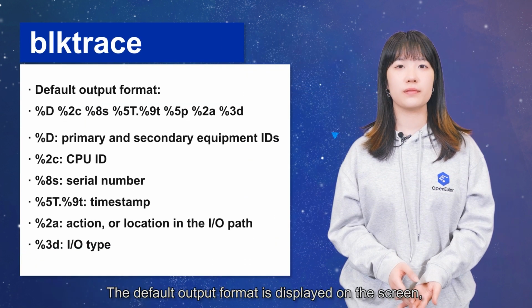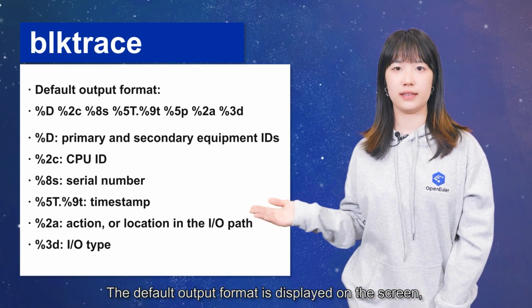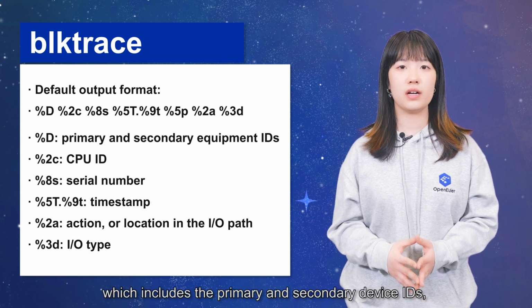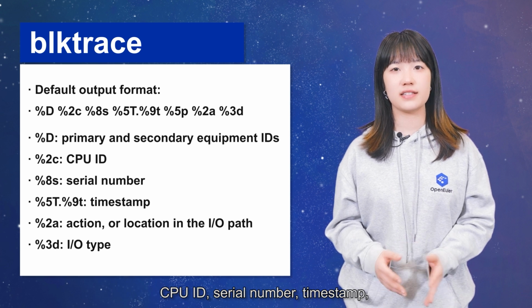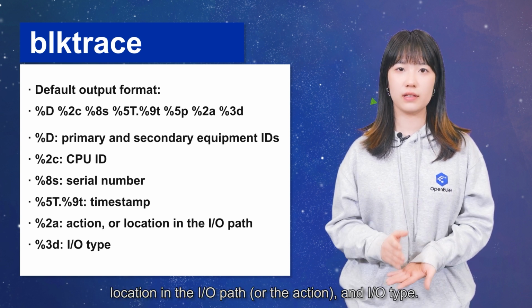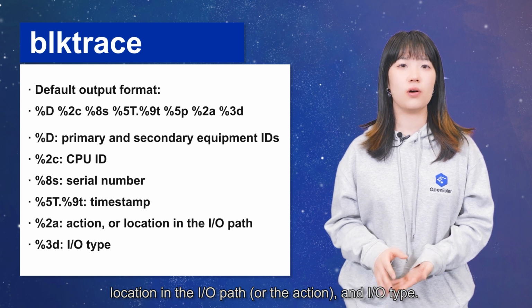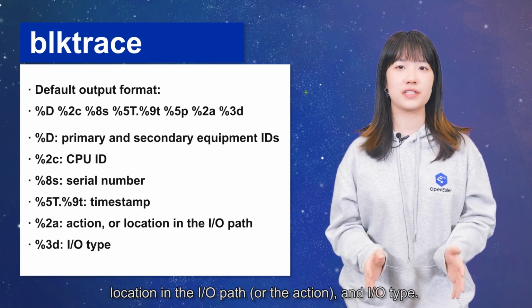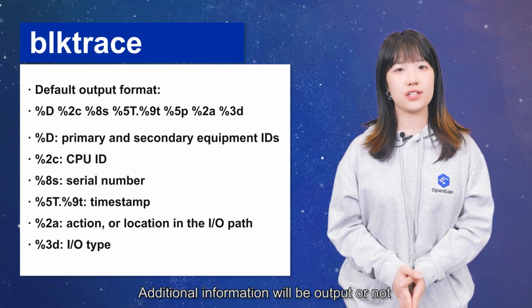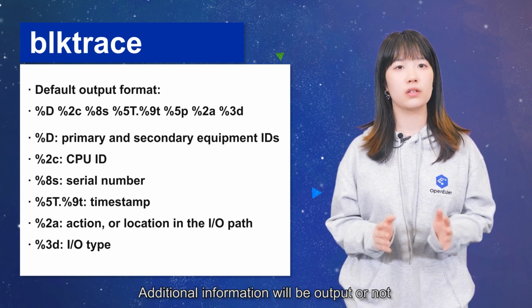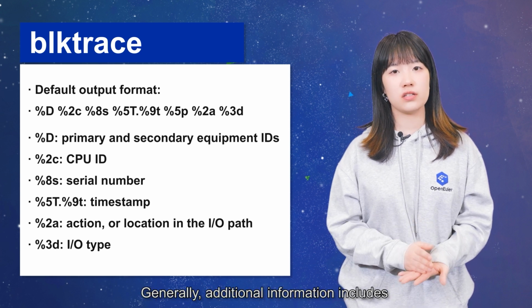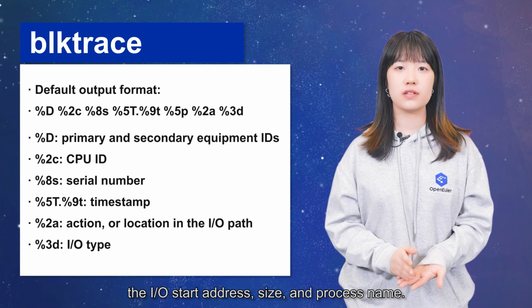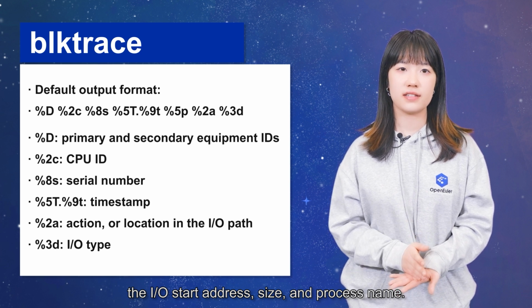The default output format is displayed on the screen, which includes the primary and secondary device IDs, CPU ID, serial number, timestamp, location in the I/O path or the action, and I/O type. Additional information will be output or not based on the I/O action. Generally, additional information includes the I/O start address, size, and process name.